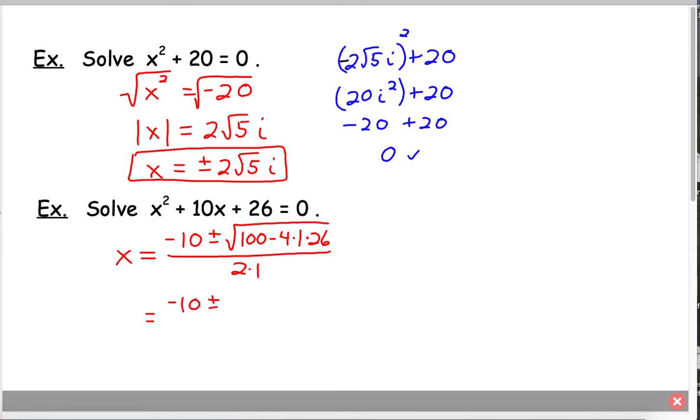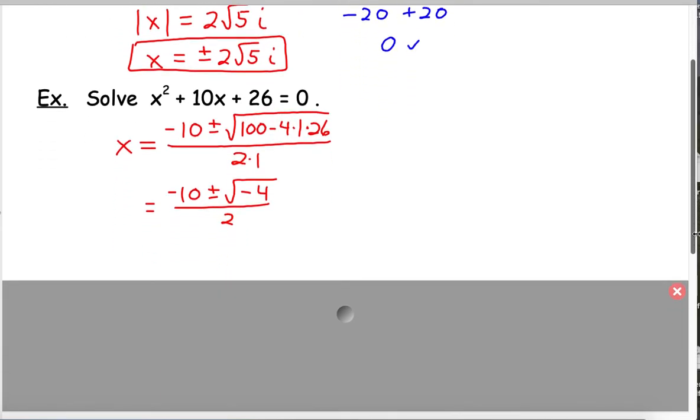Negative 10 plus or minus the square root of 4 times 26, that's 104. So 100 minus 104 is negative 4, over 2. Now the square root of negative 4, that's 2i. So we have negative 10 plus or minus 2i over 2.